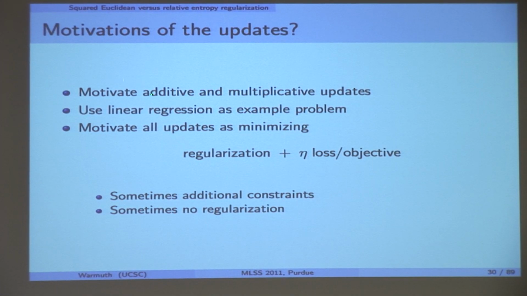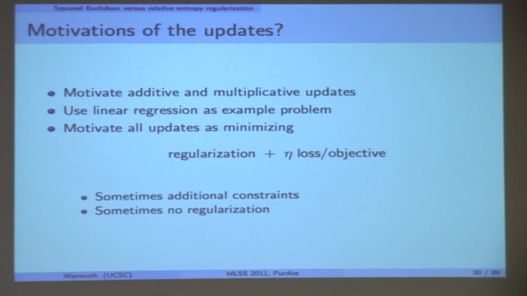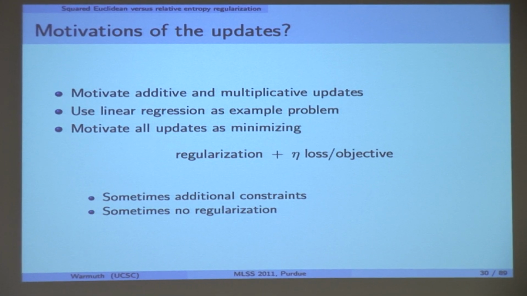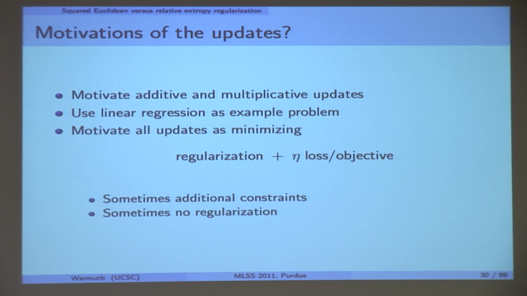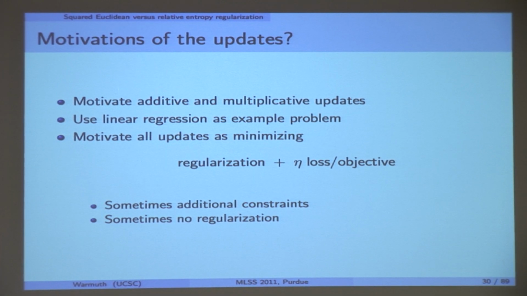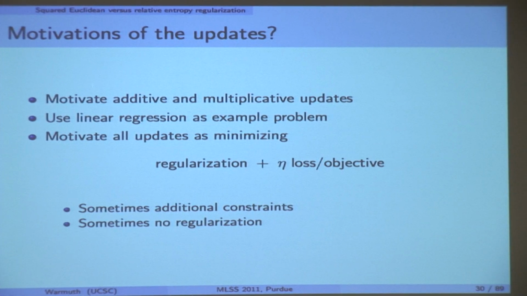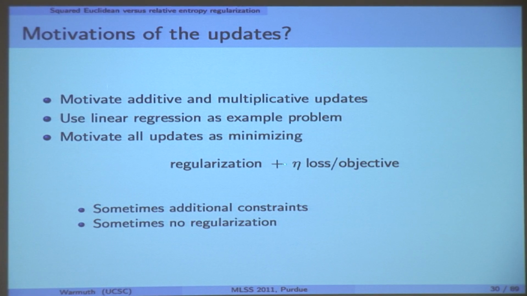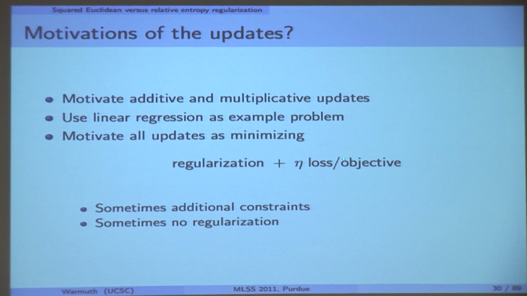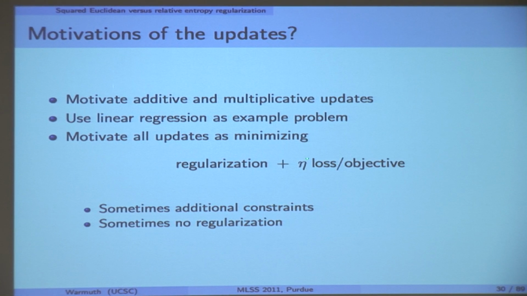I'm going to switch and use linear regression as an example problem, just for fun. And in general, what I want to do is motivate all the machine learning algorithms as a trade-off between a regularization and a loss or an objective that you want to minimize. Right? And this is the trade-off parameter. It often becomes a learning rate.